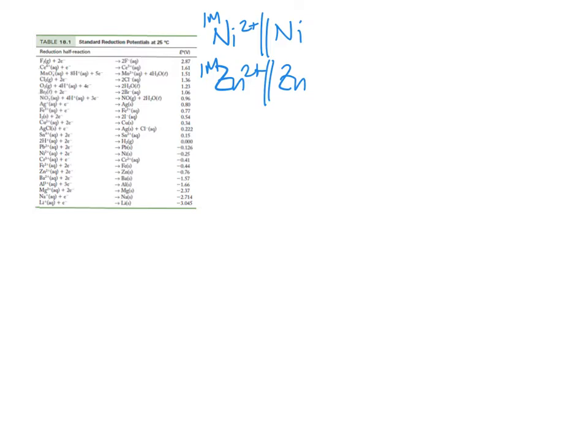So we'd have, let's say, the zinc here and zinc 2+. We'd have our container here, just to make it appropriate. Nickel 2+ is green.